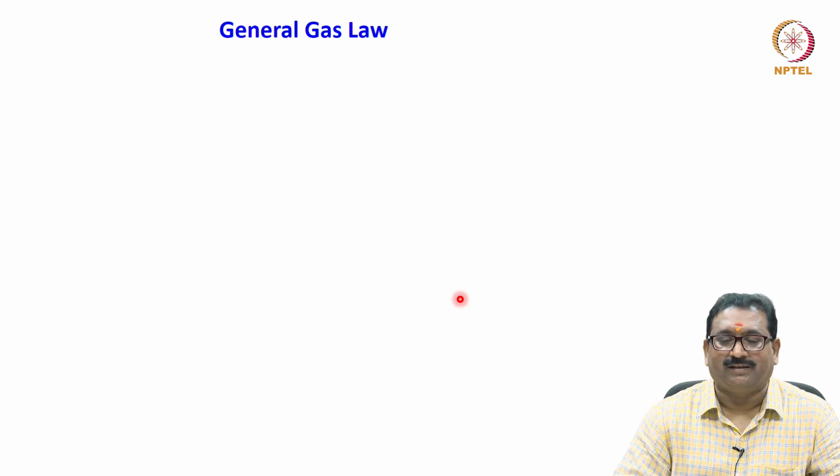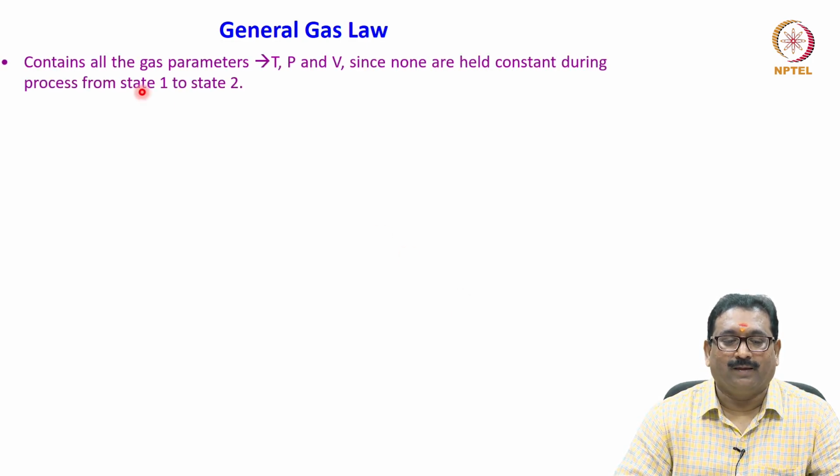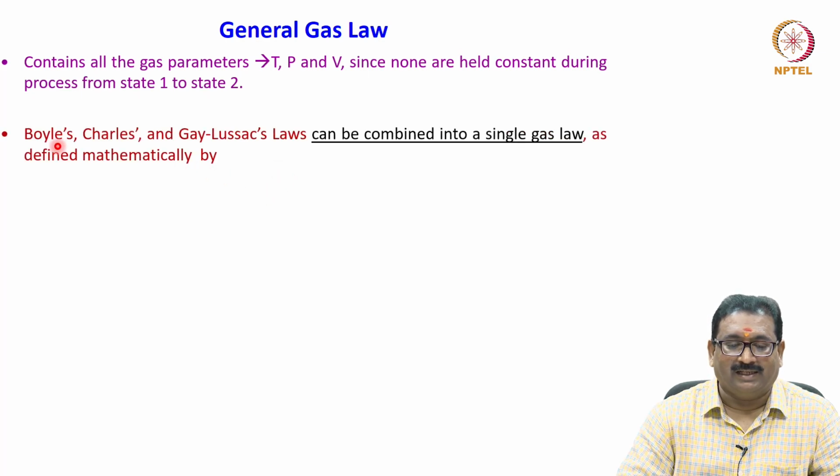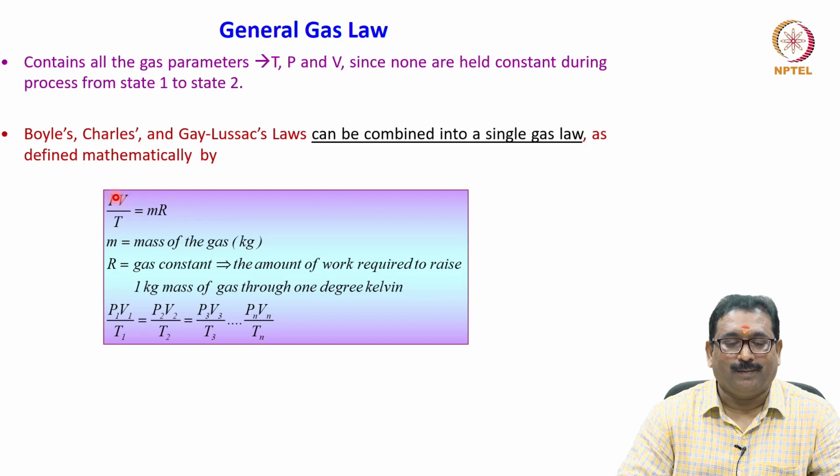Last but not the least, the general gas law relates all the gas parameters: temperature, pressure, volume. Here, since none are held constant during the process from state 1 to state 2, Boyle's law, Charles' law and Gay-Lussac's law can be combined into the gas law, defined mathematically as PV by T equal to MR, or simply PV equal to MRT.